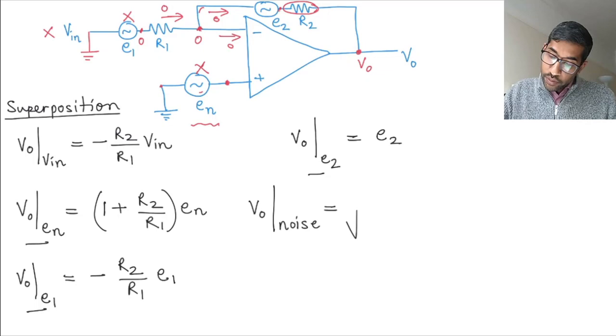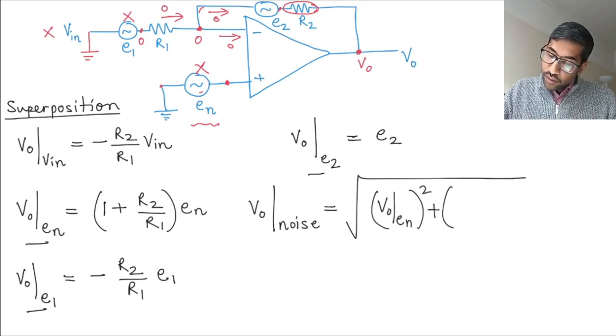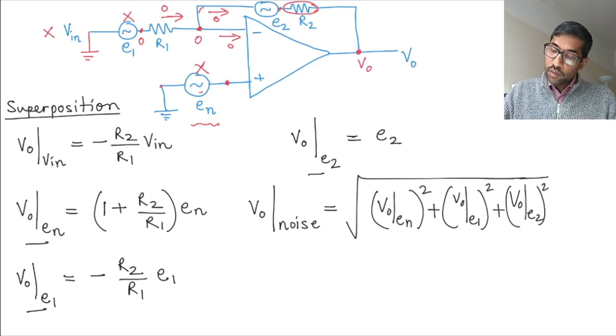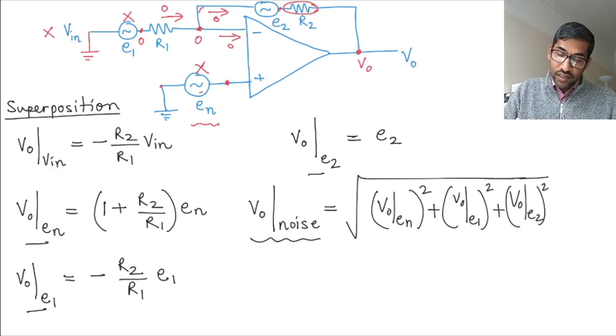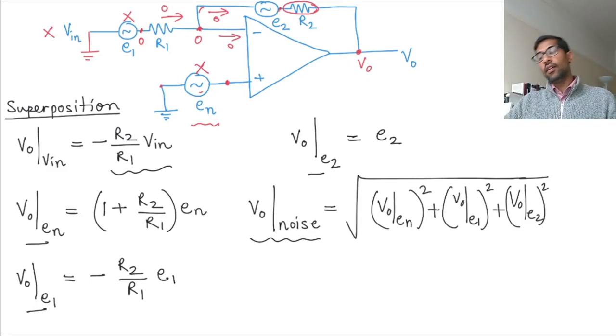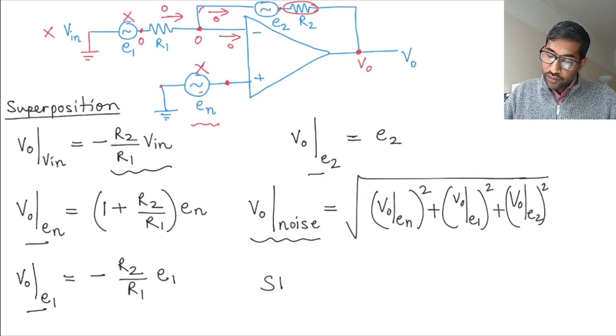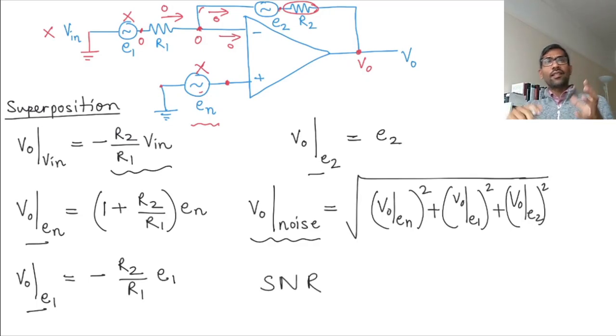It's going to be the square root of Vo(En) squared plus Vo(E1) squared plus Vo(E2) squared. That's going to be the RMS voltage of the noise, and we know the output because of the signal, so you can easily calculate the SNR from here. Hope that gives you a certain idea of how you analyze op-amp circuits in this case.